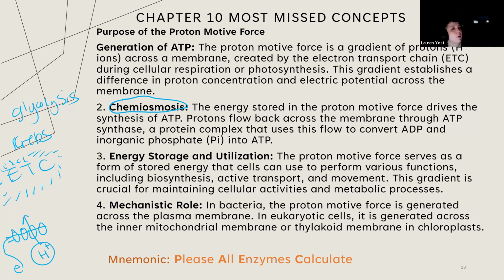This is all due to chemical reactions and these molecules interacting with one another, allowing us to make ATP whenever we are moving our H pluses back in. This process is called chemiosmosis, chemical movement, chemical interactions, basically driving our production of ATP. So that allows us to create our energy.